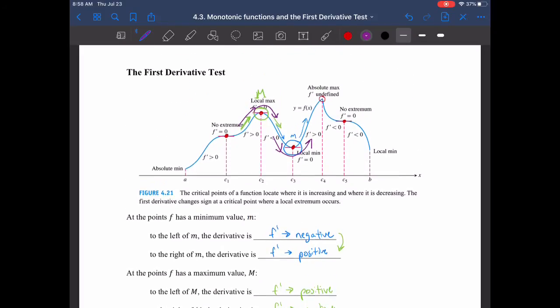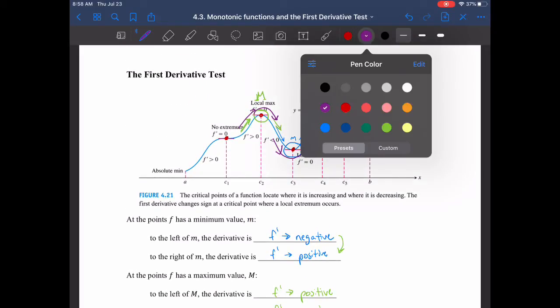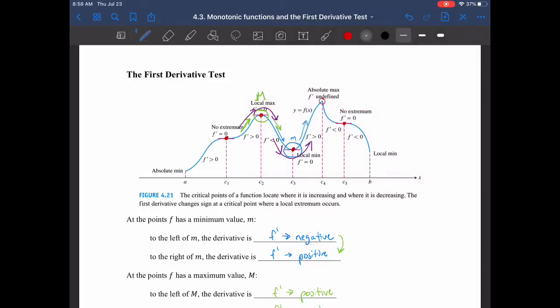So take a look, for example, at this. Here I have a positive slope, and then I cross this where I get a zero slope, but look, it goes back to being a positive slope. So you notice this point right there, while it's a critical point, is not an extreme value.